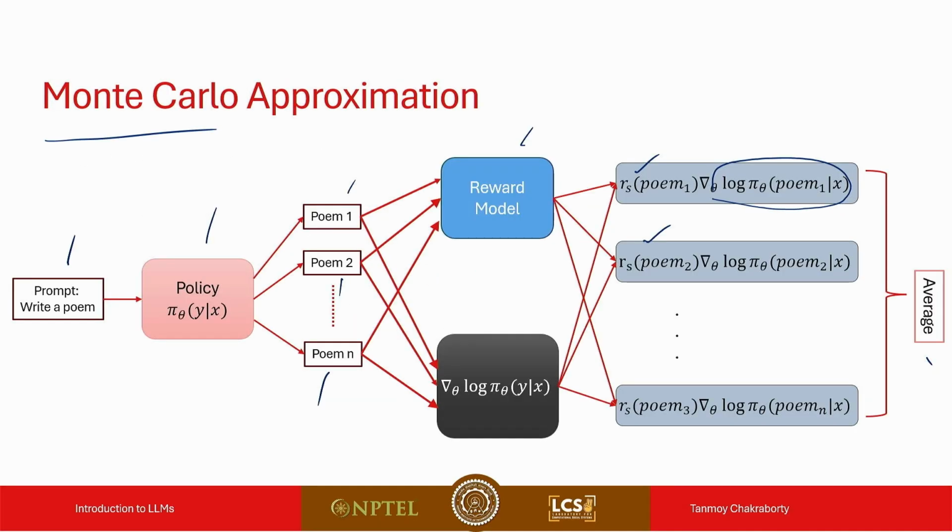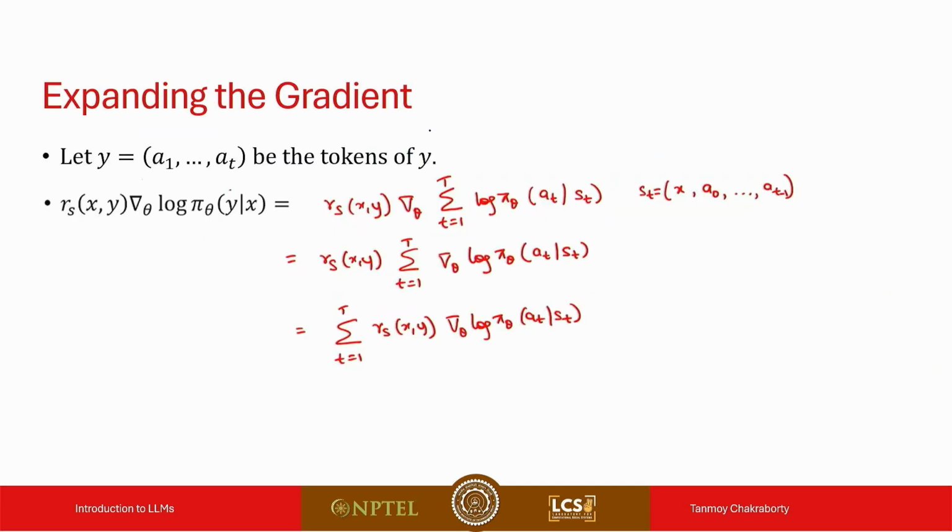If you think of this response, poem 1 for example, this is y. This response constitutes multiple words, a1, a2, dot dot dot, aT, multiple tokens. I am calculating the reward of the entire response.